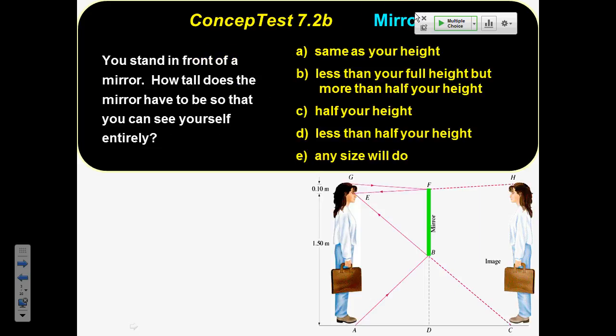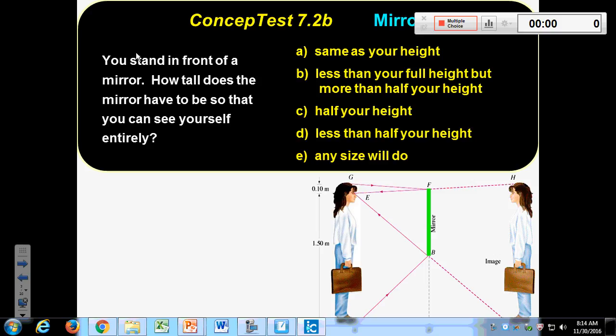All right, you stand in front of a mirror. How tall does the mirror have to be so that you can see yourself entirely? If you can see your entire body, how tall does the mirror have to be?